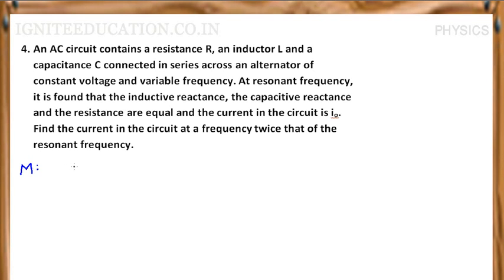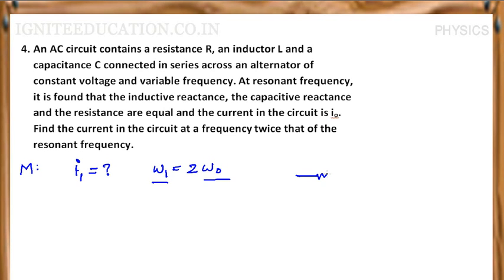From the problem we need to find the current, assume that it is I1, when the frequency is twice that of the resonant frequency, that means when omega 1 is equal to 2 omega naught, where omega naught is the resonant frequency before, that means before changing the frequency. Omega 1 is the frequency after increasing it. So I1 we need to find out.